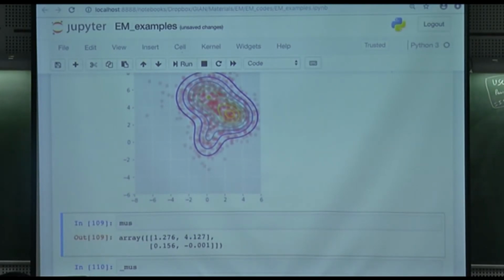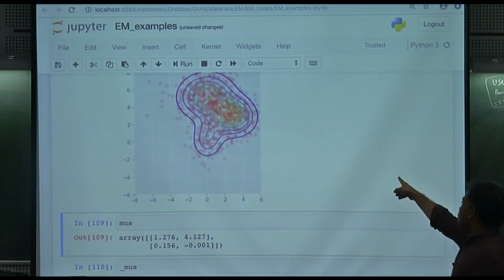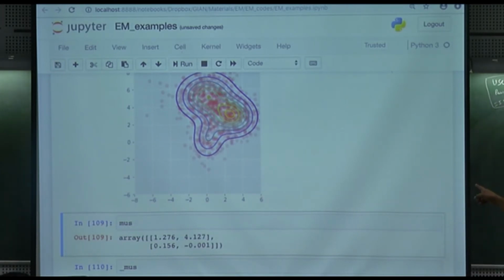If you look at any of these data points, given that the standard deviation is reasonably large, if you look at that green, not the first green but the second green one, the data points that fall in that second green level set could have come from either distribution, right?